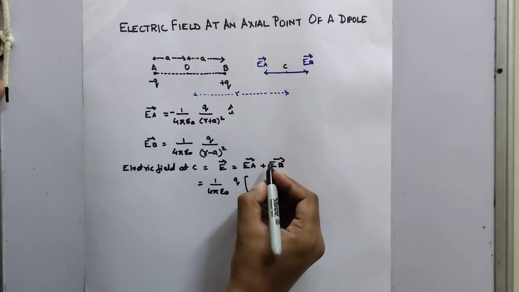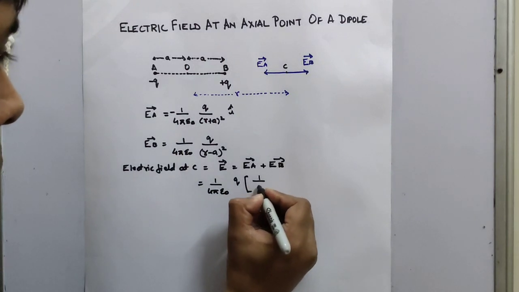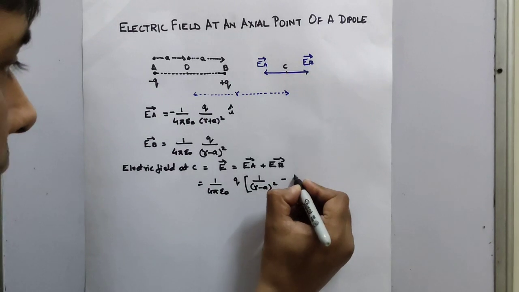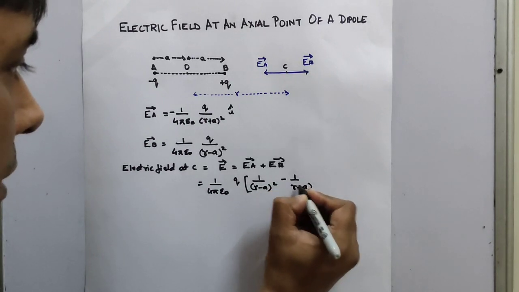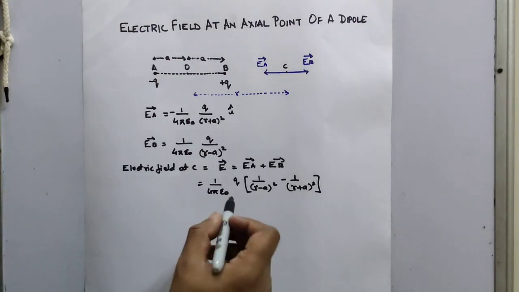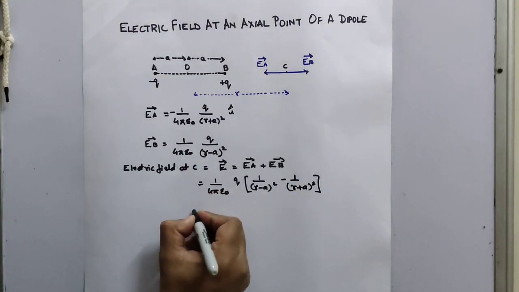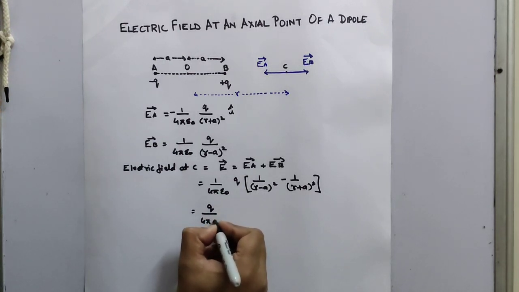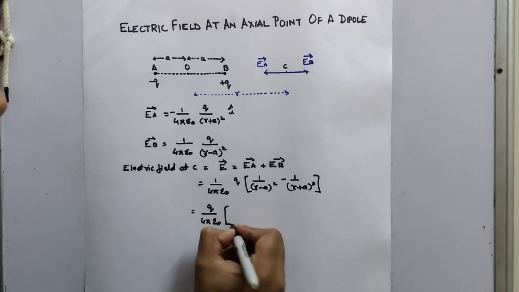So inside the bracket I have 1 upon R minus A whole square minus 1 upon R plus A whole square. Now when I solve this, I can write this as Q upon 4 pi epsilon naught.